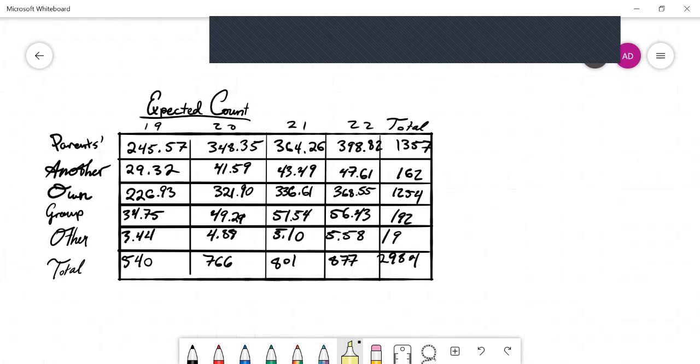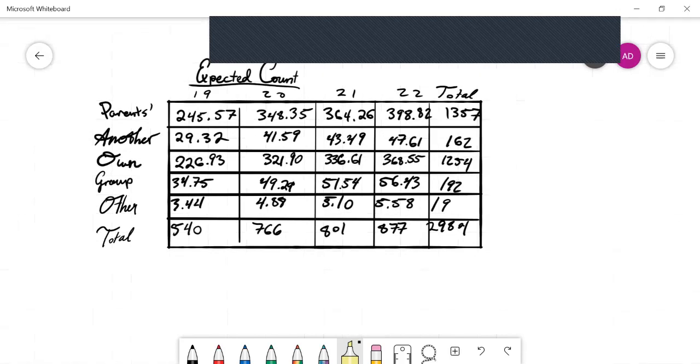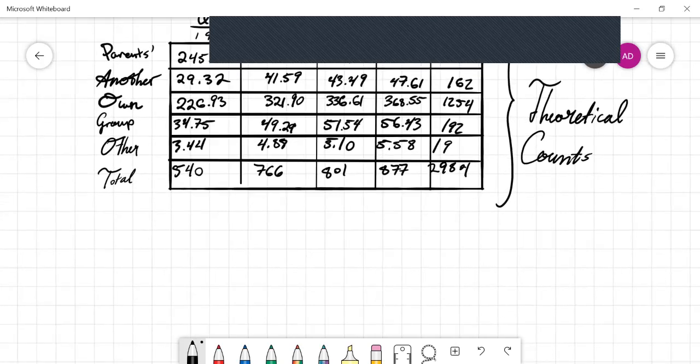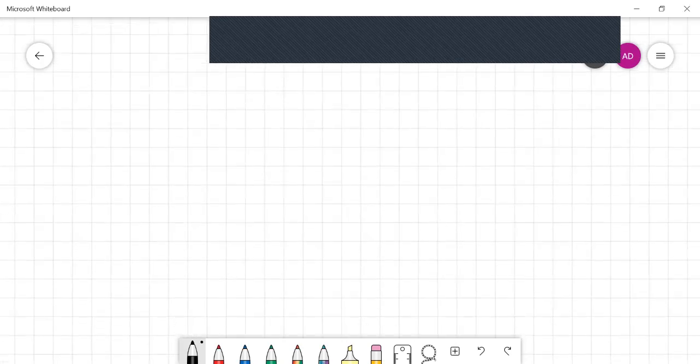We end up with that 348.35, the 364.26, and these are all theoretical counts. Okay, and the reason we're computing these expected counts is because the chi-squared statistic takes the following form.